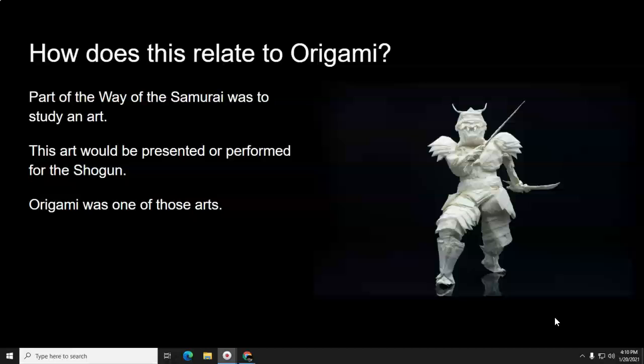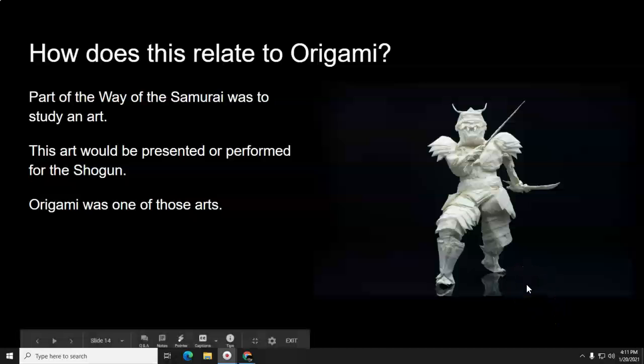Origami was one of those arts, but, as you'll find out more in the content section, origami was also used as a sacrifice because of the samurai wanting to make sure that he had a firstborn male child, an heir. And that was critical to holding on to his rank. And that is an origami samurai, a samurai that's made out of origami, one sheet of paper.